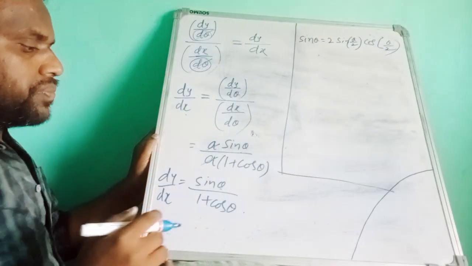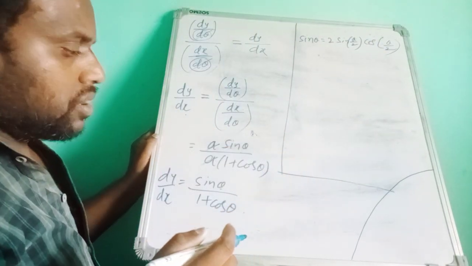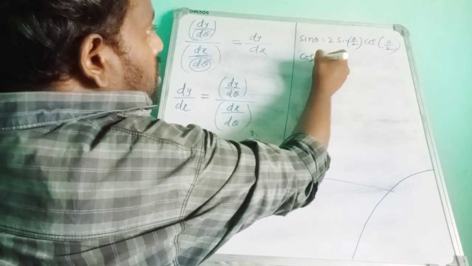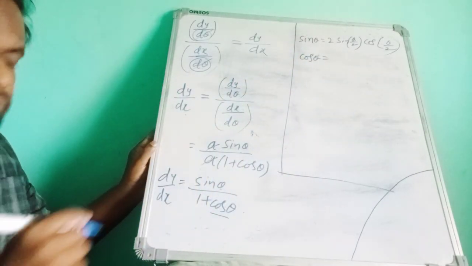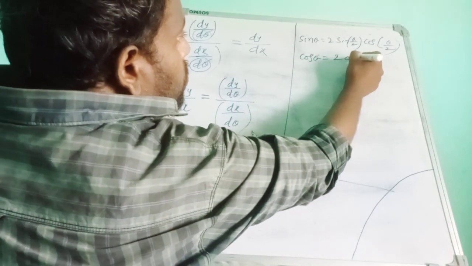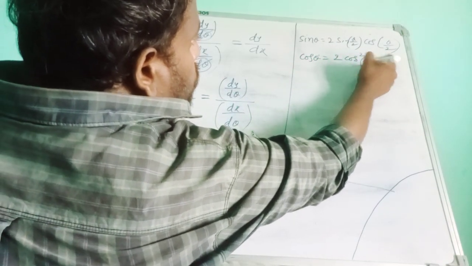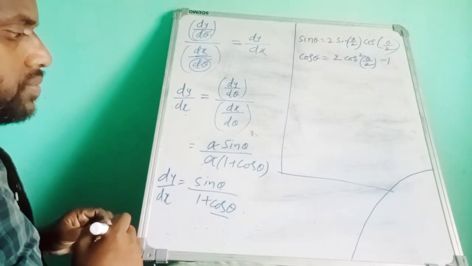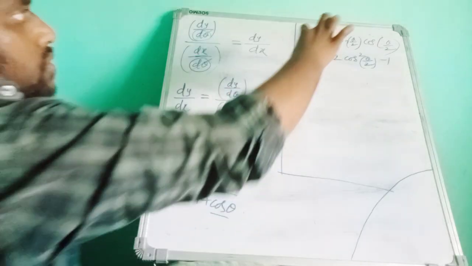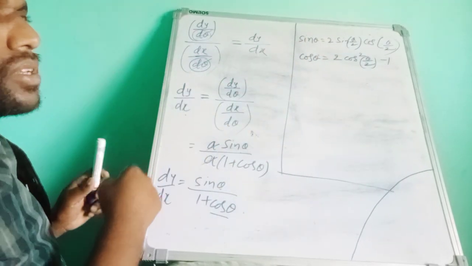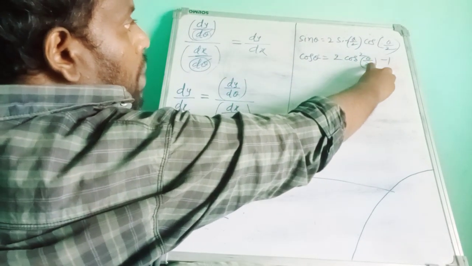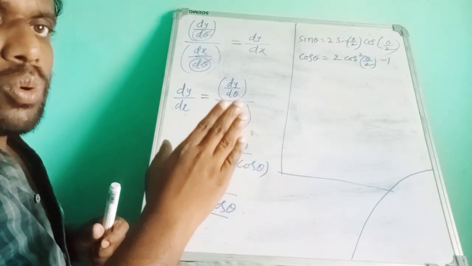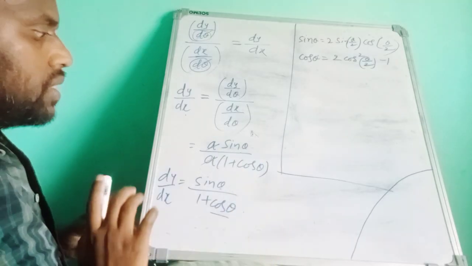Next, half angle formula for cos theta: cos theta is equal to 2 cos square theta by 2 minus 1. So these two are the half angle formulas. Half angle means theta by 2 will be there. Theta by 2 or half of theta, both are same.